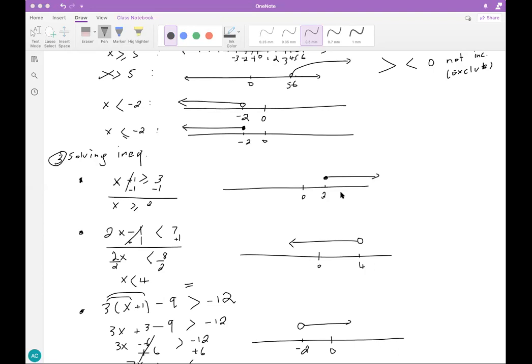For example, when x is greater than 5, any number greater than 5 is a solution. So we have many solutions, that's why we use a number line. As opposed to equations, first degree equations usually have one solution, none, or sometimes many. So we don't need a number line to graph them.